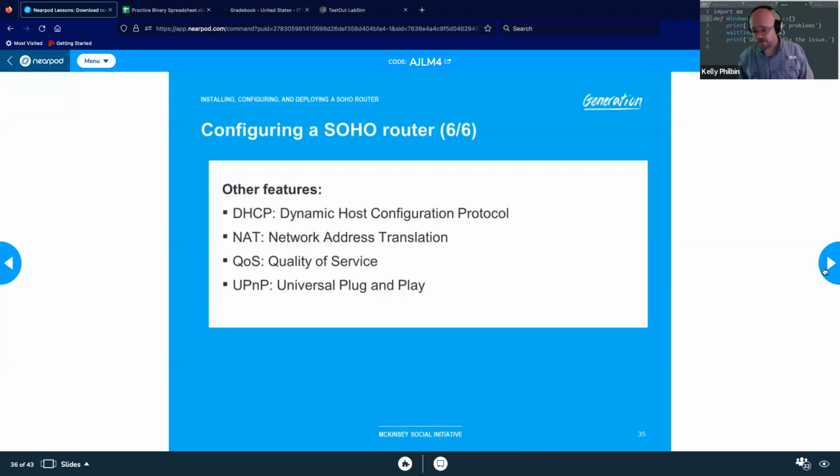Does anybody remember what we are talking about when we say quality of service with regards to internet? Would it be like settings, kind of? It would be a setting, but what kind of settings would you want to set up for quality of service? Are all internet packages created equal? No. So what do we think we might do?